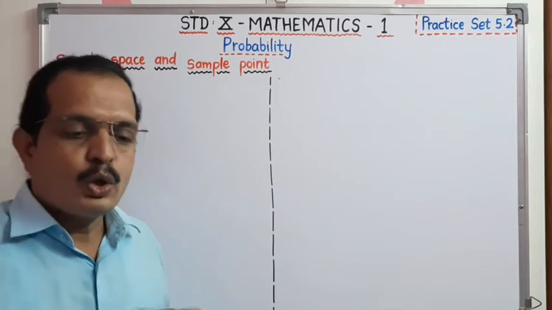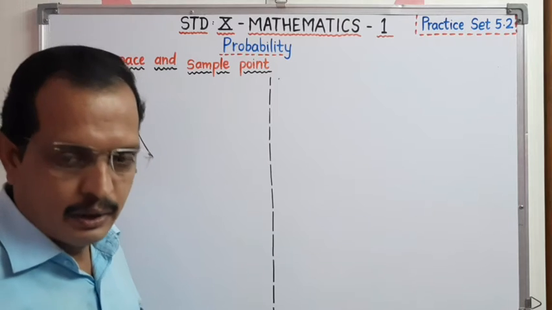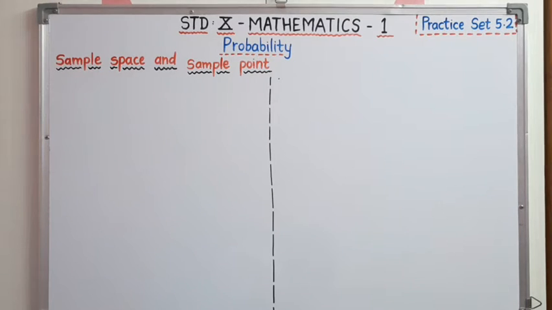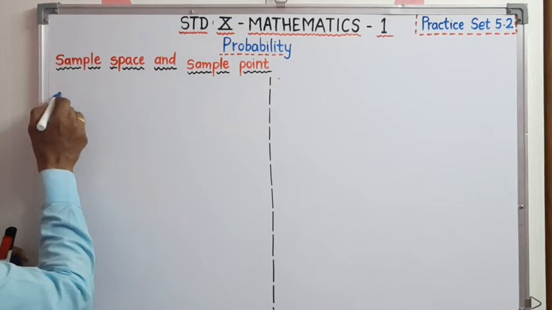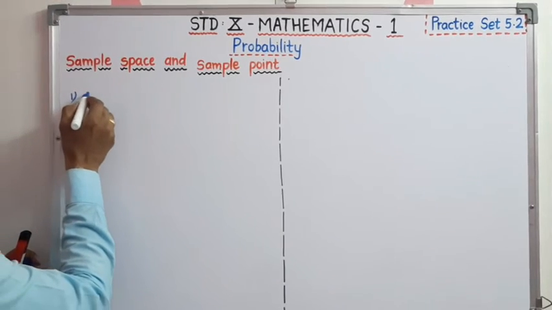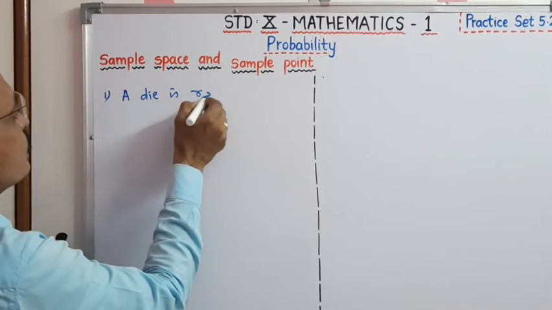If we roll a die, we have to write the sample space for the random experiment: a die is rolled.